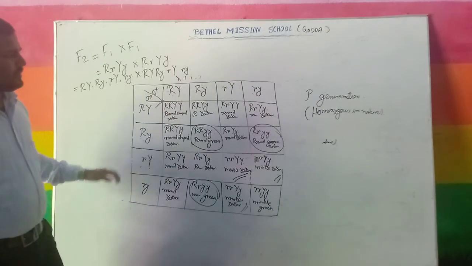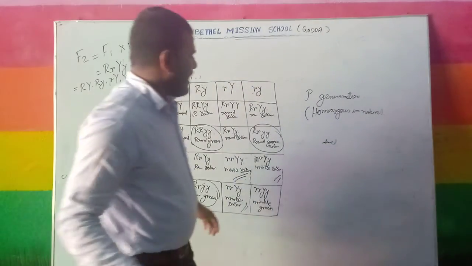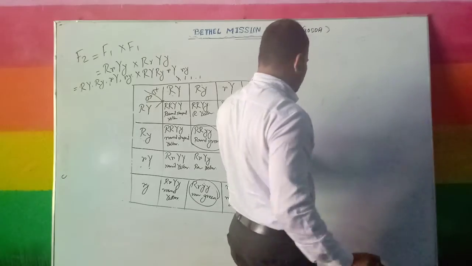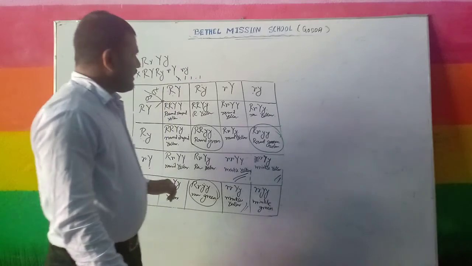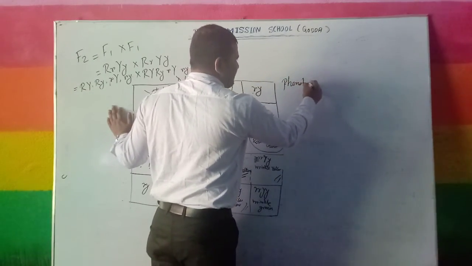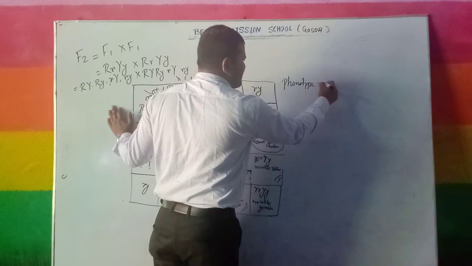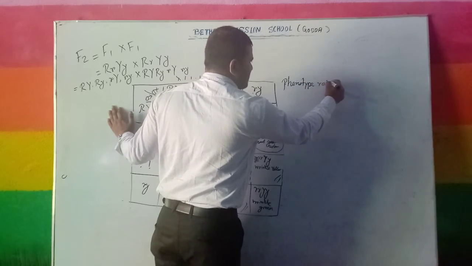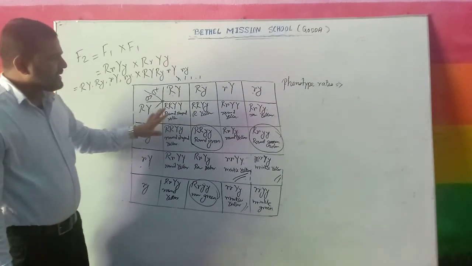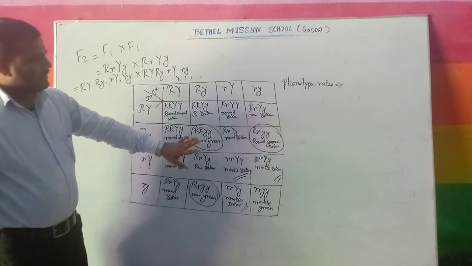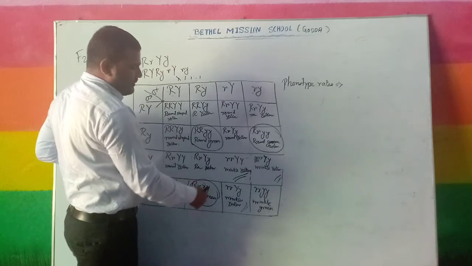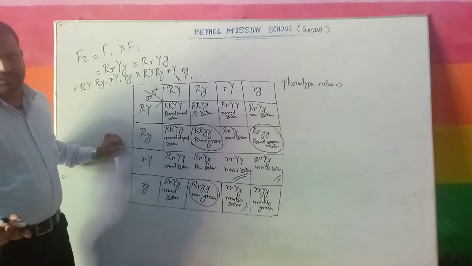See. This is the flow chart of the dihybrid cross. Now the phenotypes. Phenotype ratio. Phenotype means the morphological features or the external features. Then we have the 16 number of seeds.